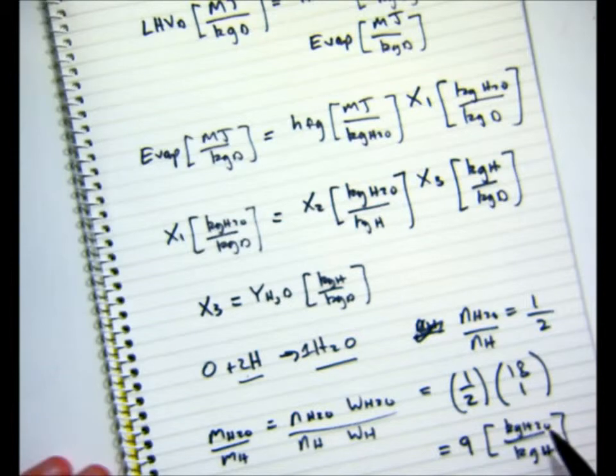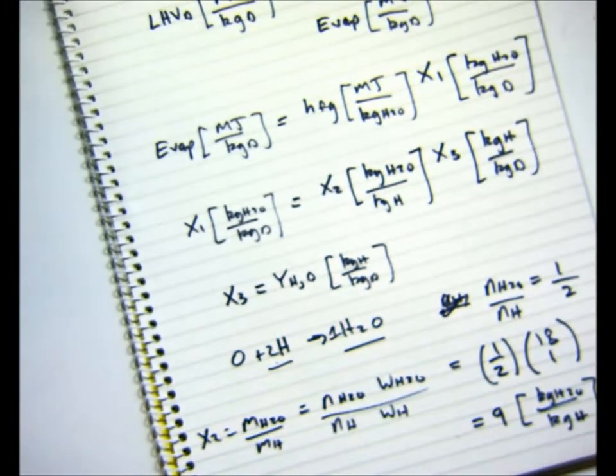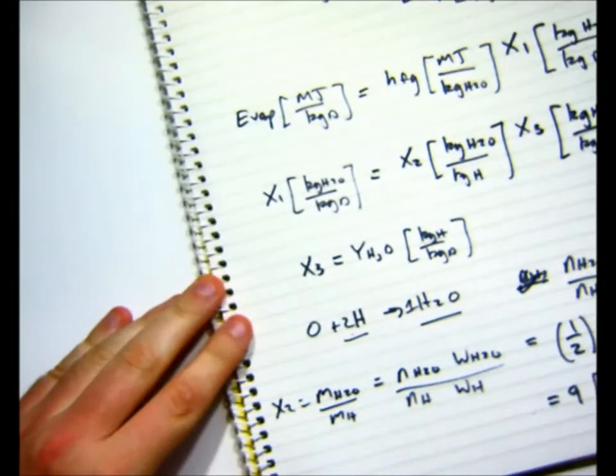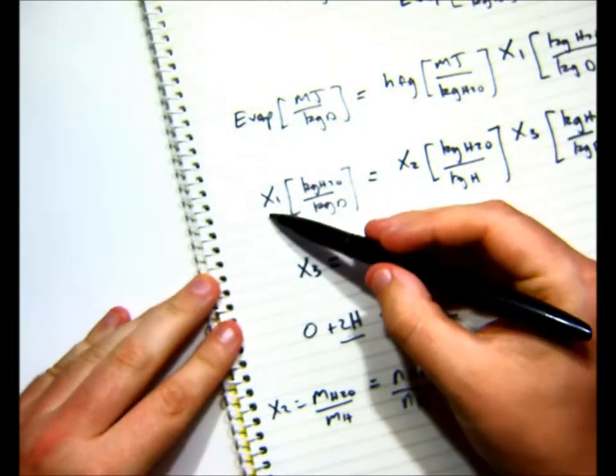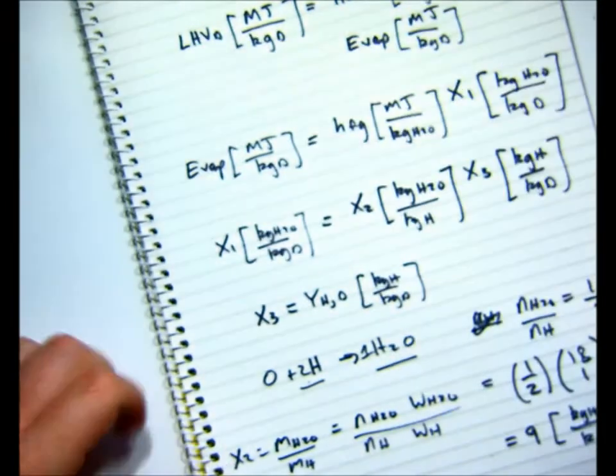Okay, so this is the term x2 we were looking for. So we can now go back and figure out what x1 is, and then because we know what x1 is, we know what evap is, and therefore we know what LHV dry is. So let's just do that in one go.